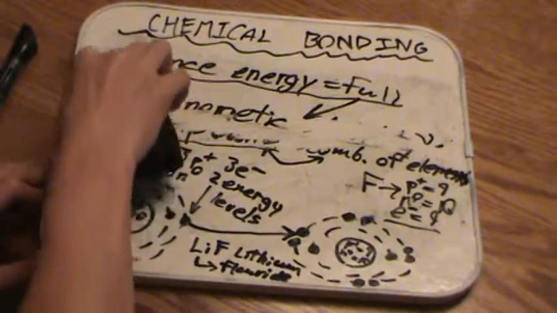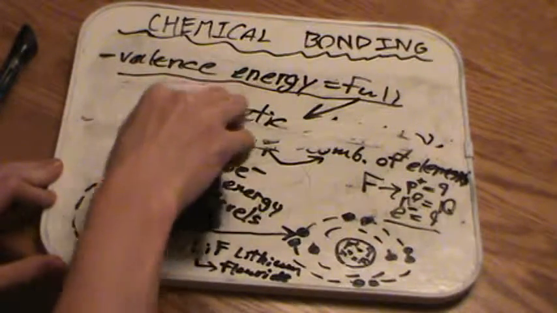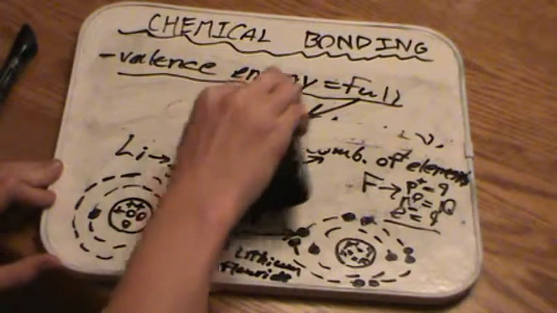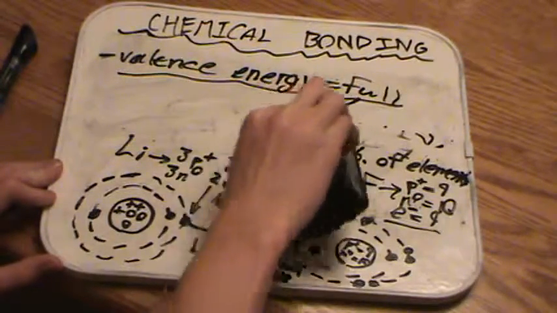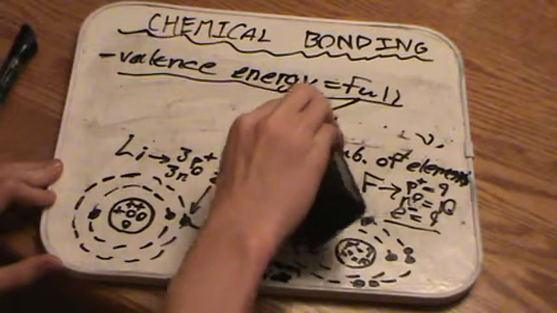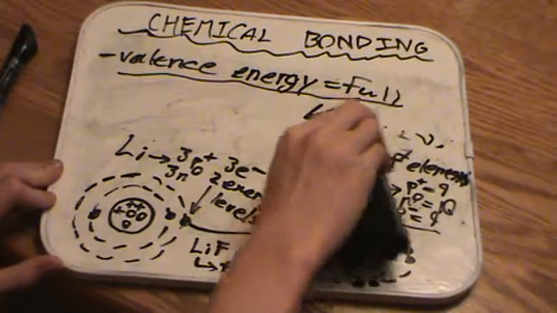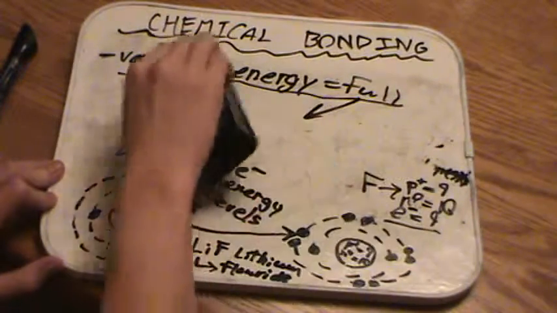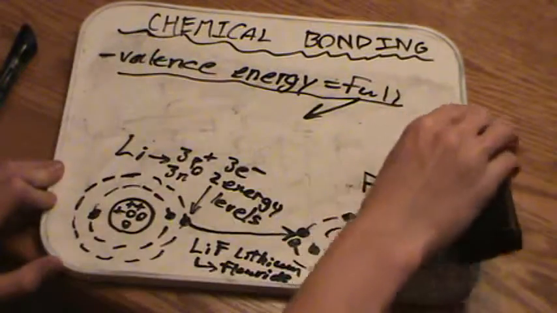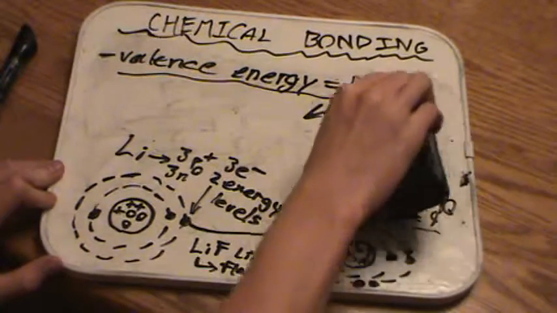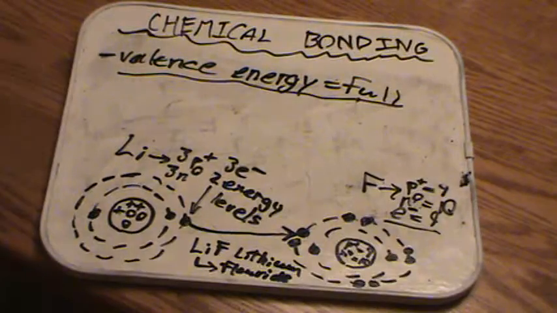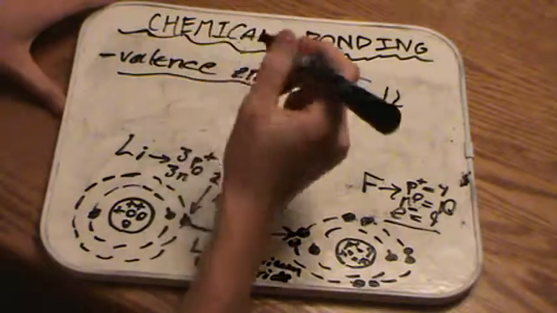If you look at the way this compound is set up, it is actually an attraction between oppositely charged, what we call ions, which are charged atoms. And we know, obviously, even just from a common sense point of view, that any oppositely charged species will attract each other.